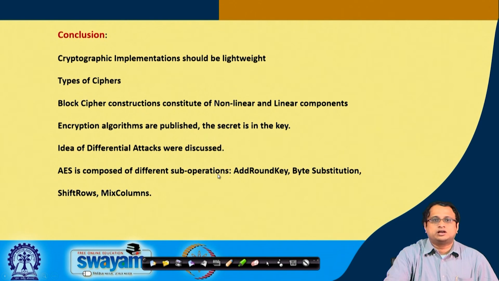We studied that encryption algorithms are published and the secret is often in the key, and we discussed the idea of differential attacks. We also discussed that AES is composed of different sub operations: add round key, byte substitution, shift rows and mix columns. These are different operations which we will try to study in the next class.